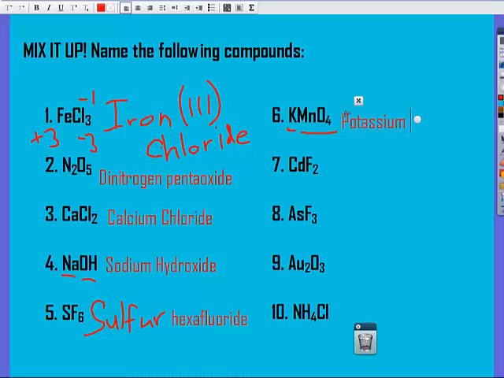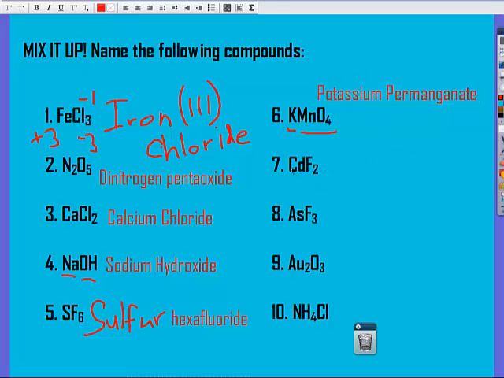MnO4, that is a polyatomic ion. Look on the back of the periodic table, MnO4, and that is permanganate. Potassium permanganate.